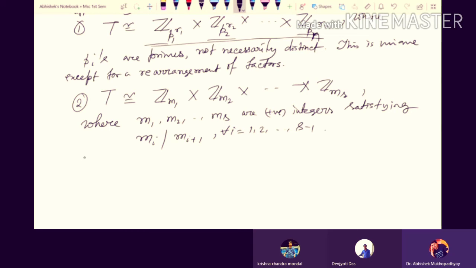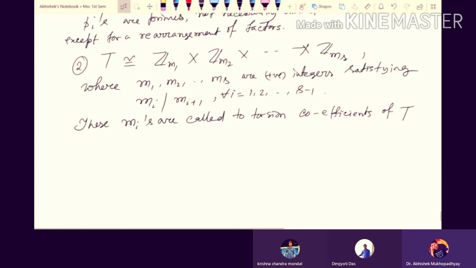Now these coefficients, these Mi's, are called the torsion coefficients of T, which are unique.